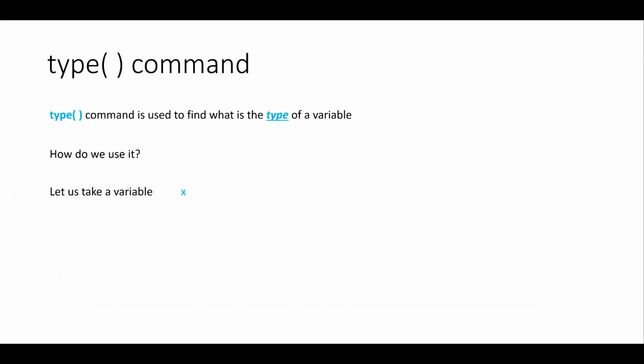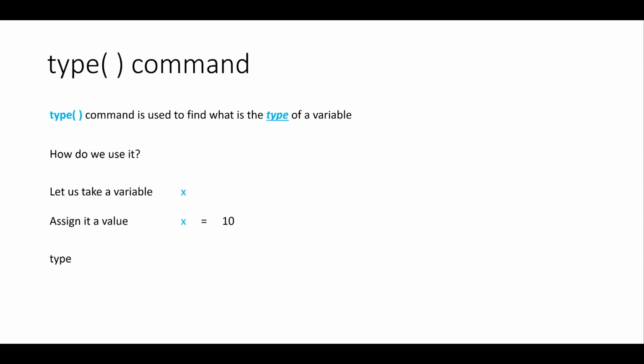Let us learn about a new command, the type command. Type command is used to find what is the type of a variable. We have learned that the variable can be of type integer, string, or float. And how do we use it? Let us take a variable x, assign it a value x equal to 10.